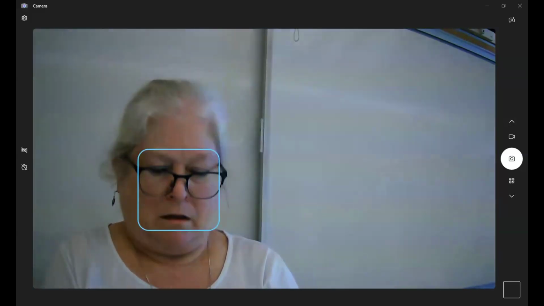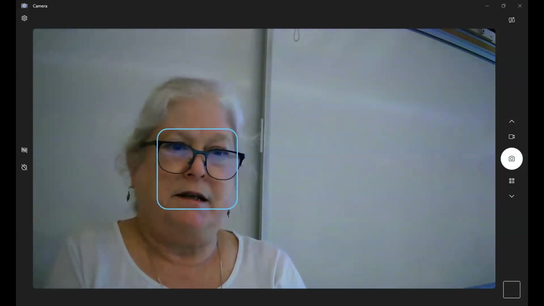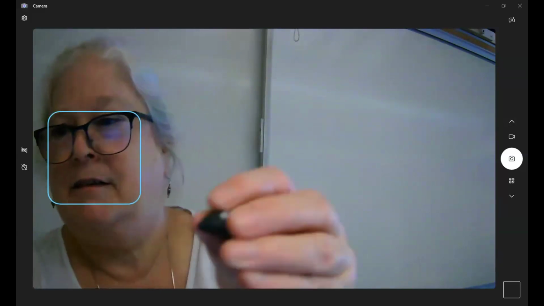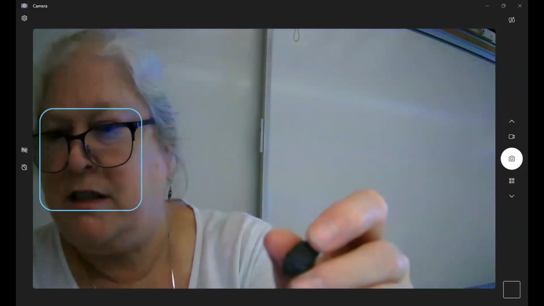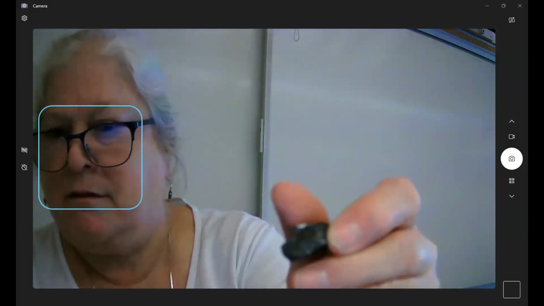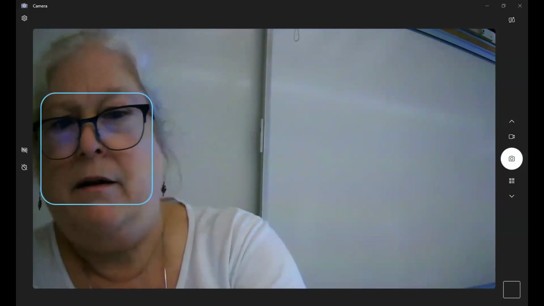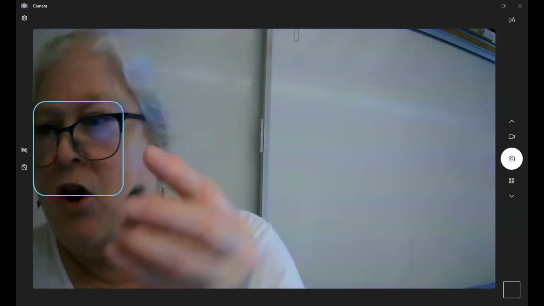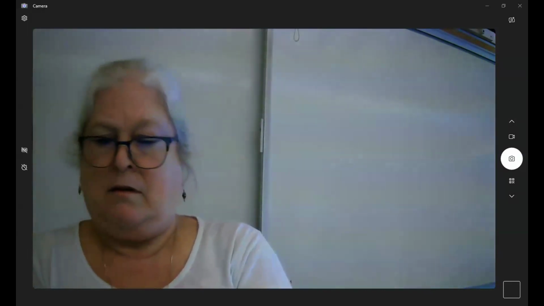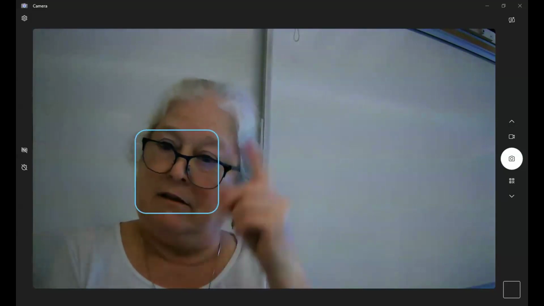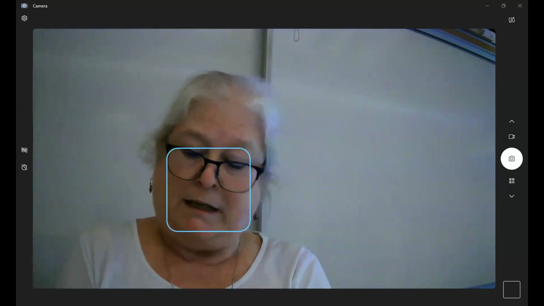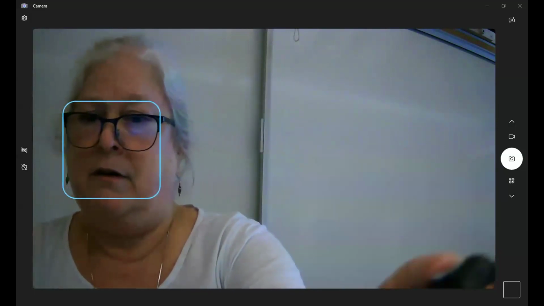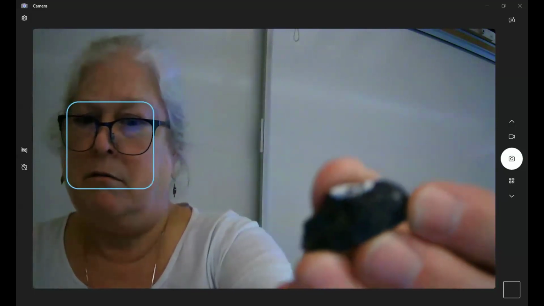Okay. Now here's where it gets tough. There's no shiny surface on this. Oh, except for right there. But it's hard to show with this camera what you might see if you look at it in good light with your hand lens at your house. There are places on here that have a little bit of a shimmer.